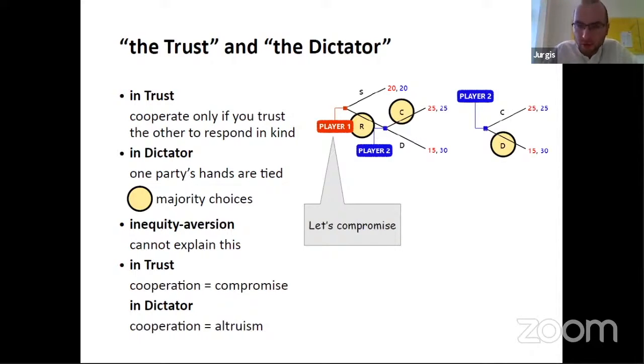And knowing that, the second player in the game might say, okay, and choose the objective, which is the pursuit of mutual interests rather than their personal interests.